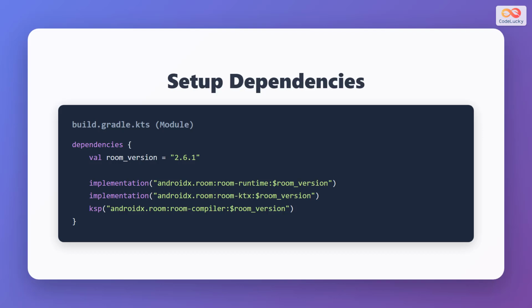Finally, add the Room compiler using the KSP annotation processor, which generates the necessary code at compile time. Make sure to use a consistent version across all Room dependencies. The version 2.6.1 shown here is stable and widely used, but always check for the latest version in your projects.